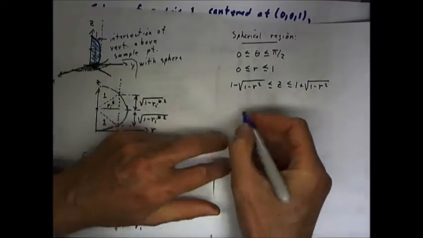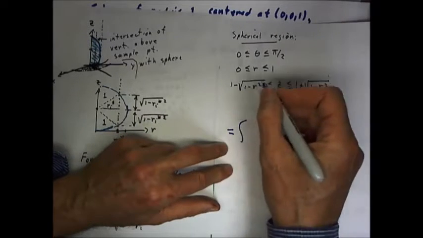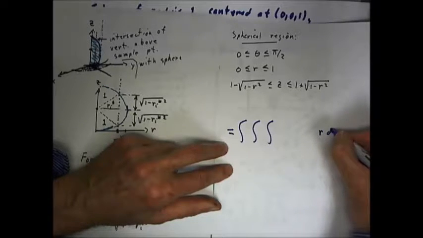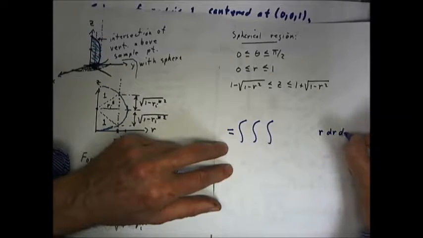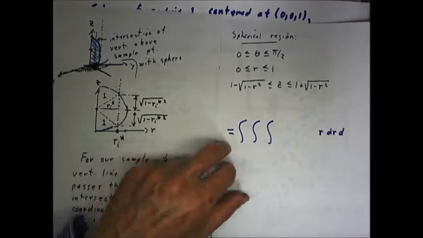And this implies then that we have our triple integral, our volume increment being r dr. Hang on a minute.